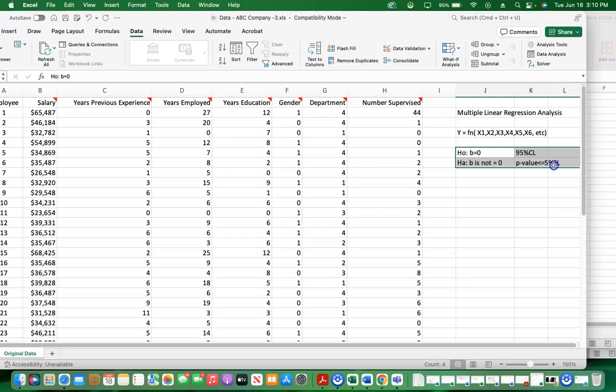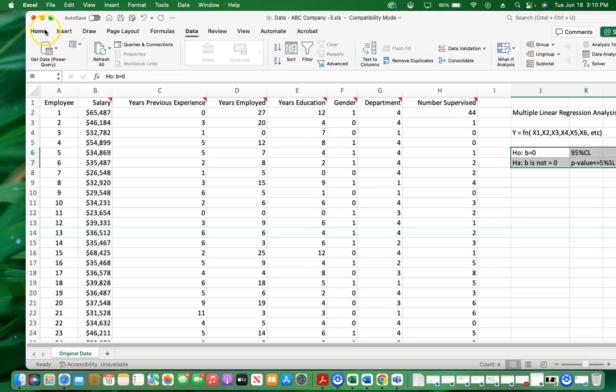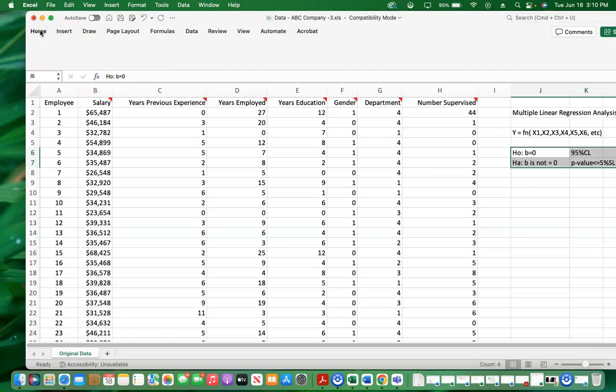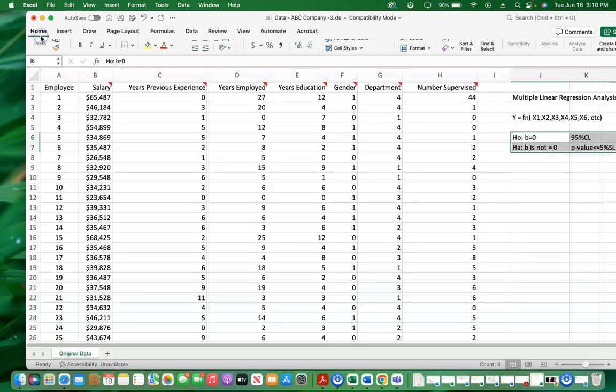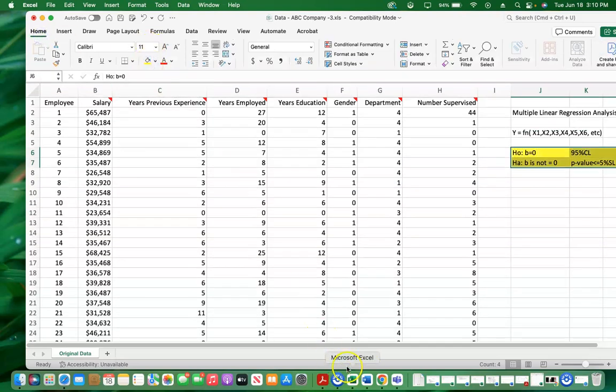So that's the hypothesis which we will need to prove. Let me highlight the hypothesis.